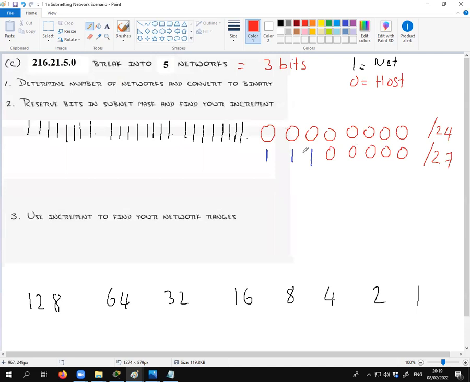We're adding an extra 3 bits onto our original subnet mask. Why is it 3 bits? Because we needed 3 bits to make our 5 subnets. We're converting 3 of these zeros into ones. How many host bits do we still have left? 5. 1, 2, 3, 4, 5.